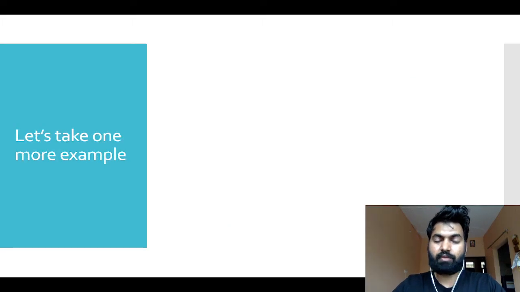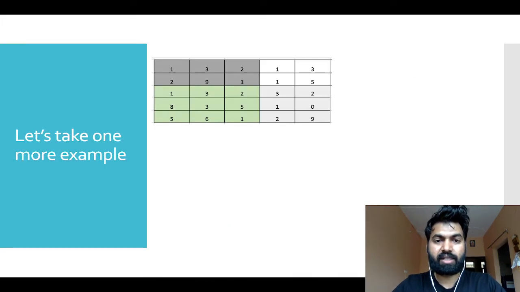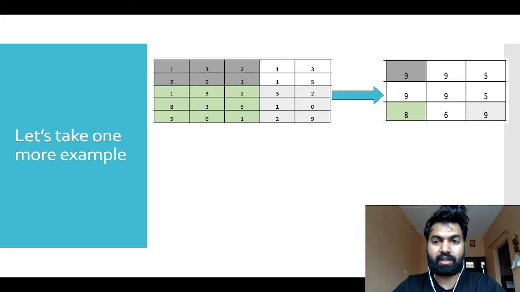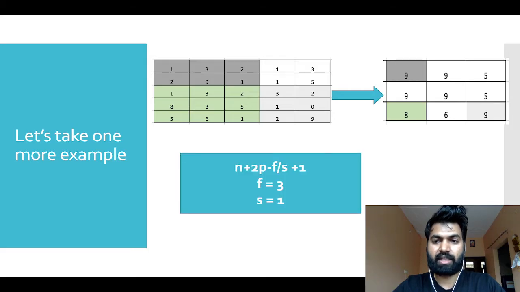Now let's take one more example. Here this is a 5 by 5 feature matrix, right? When we apply a 3 by 3 filter on this, we can check the output matrix according to the formula: (n + 2p - f) / s + 1, where filter equals 3 and stride equals 1.